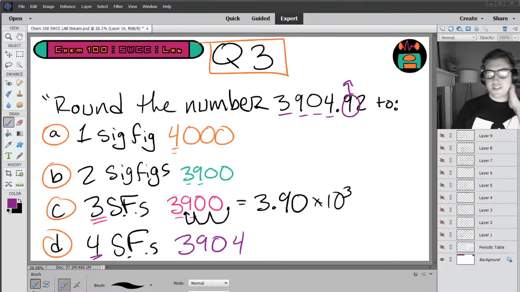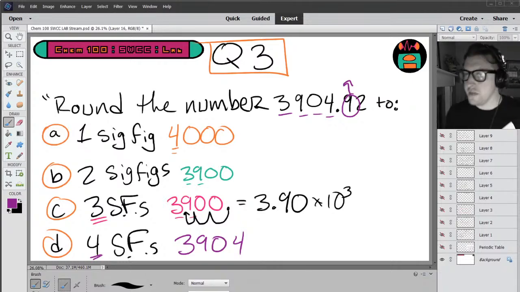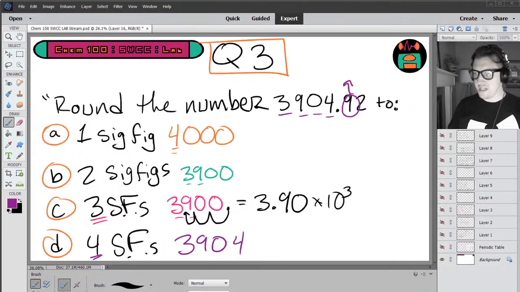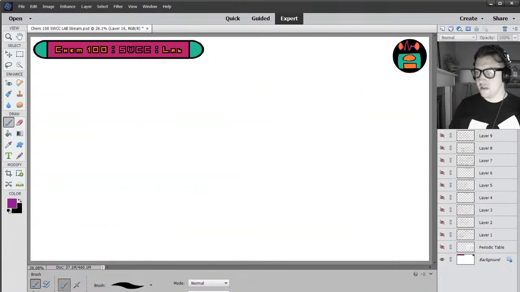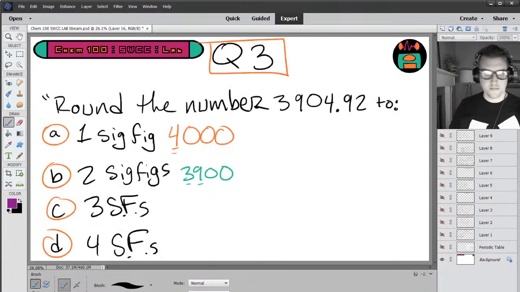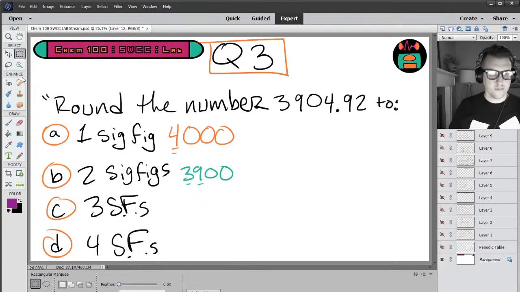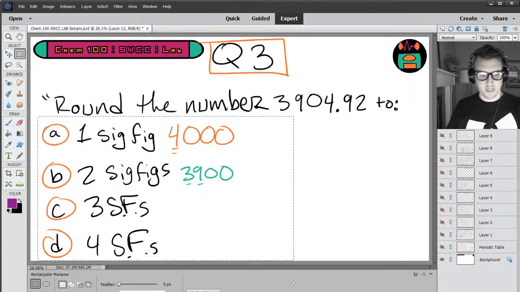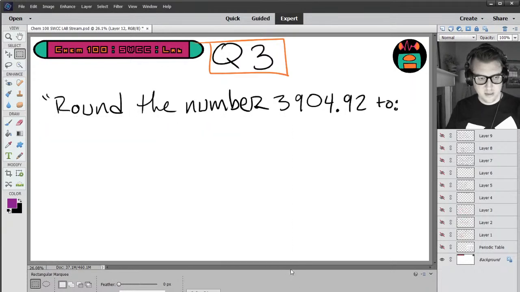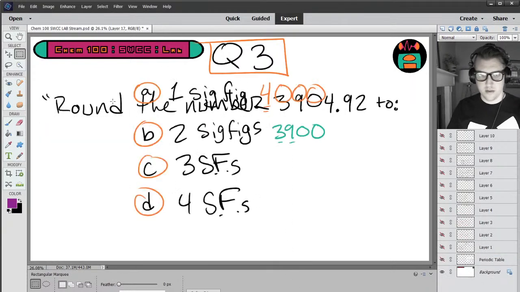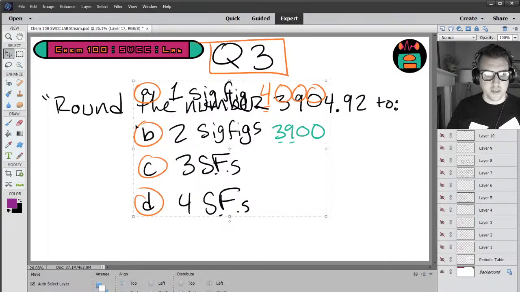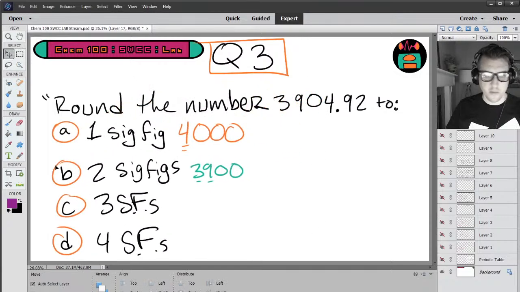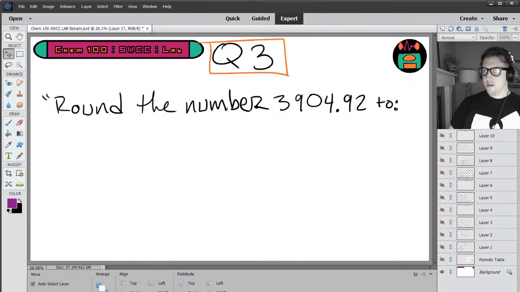Okay, so let's do this. Rounding to 3 sig figs. But let's really zero in. Apologize for the screen clutter. It's only momentary. All right.